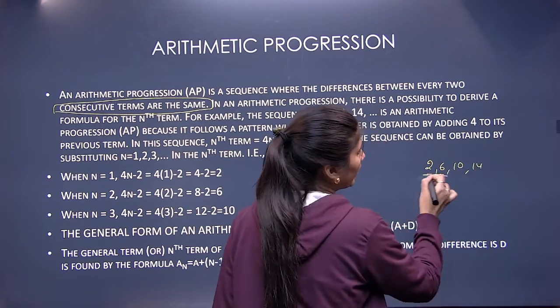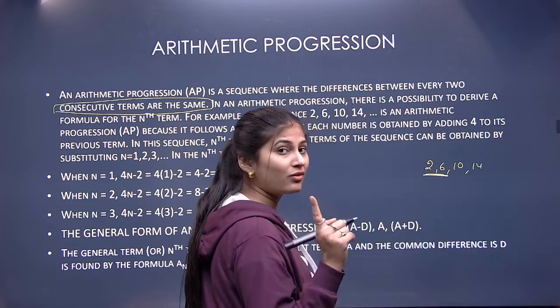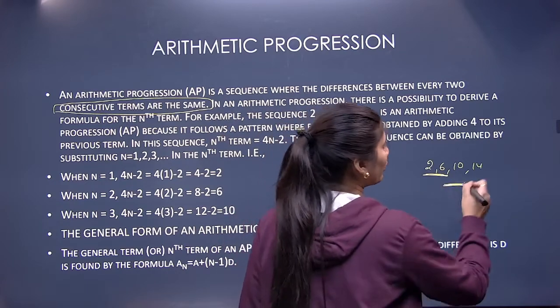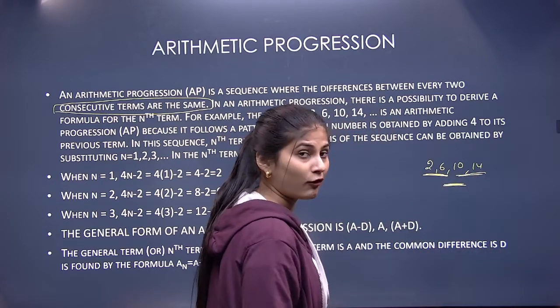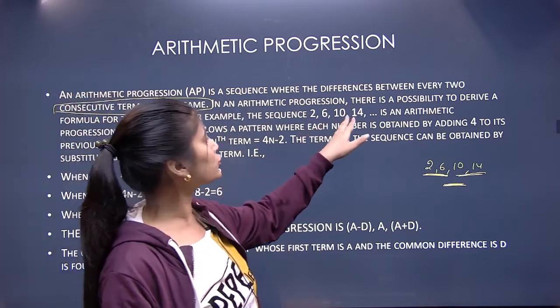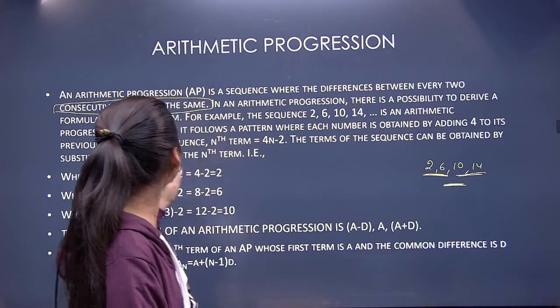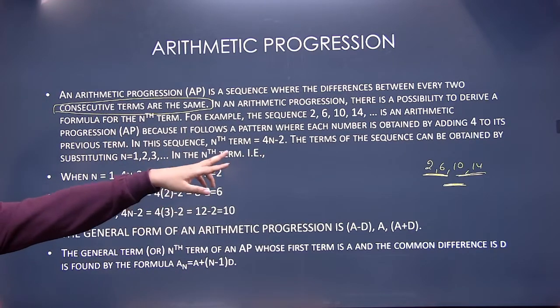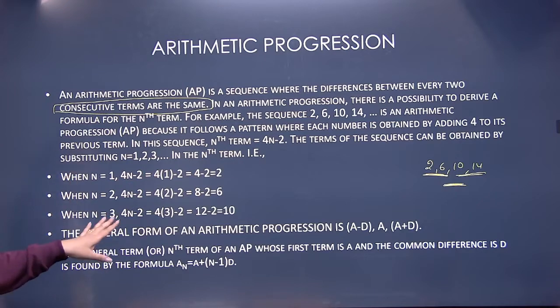So the difference of any two consecutive terms is always the same. 6 minus 2 is 4, 10 minus 6 is 4, 14 minus 10 is again 4. So the sequence 2, 6, 10, 14 is an arithmetic progression because each number is obtained by adding 4 to its previous term, isn't it?